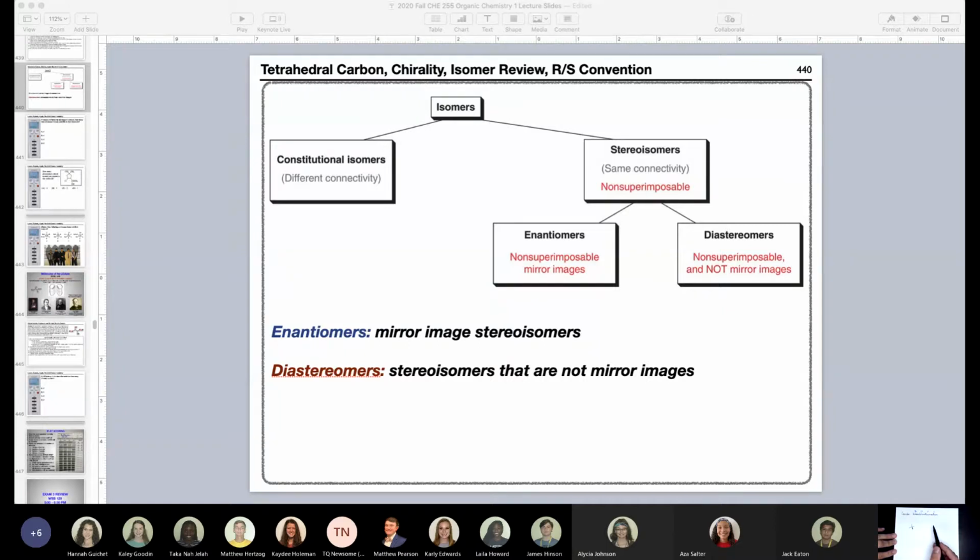And then what I want you to do, so there's your carbon. I want you to then put in a bromine, a chlorine, a fluorine, and a hydrogen on your molecule.